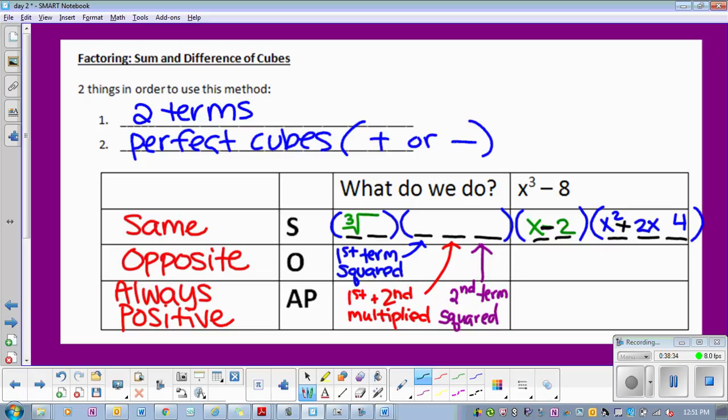And the last one is always positive. So that same, opposite, always positive goes for the signs. This one's the weird one. It's kind of weird, right? It's really weird to teach it, too.